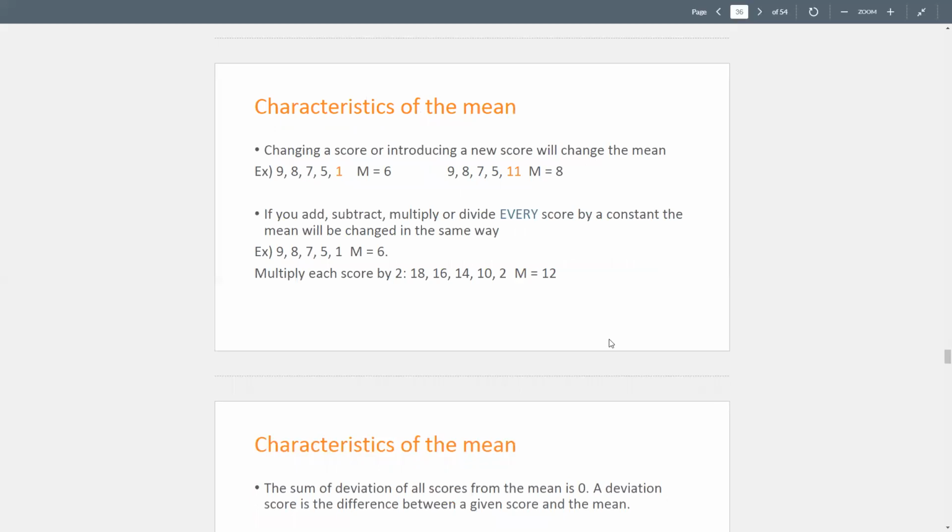Here are some different characteristics of the mean and why the mean sometimes isn't a good measure of central tendency. If we change a score, it'll change the mean. And if we add, subtract, multiply, or divide every score by a constant, the mean will change by that constant. So multiplying each score by 2 is the same thing as multiplying the mean of that distribution by 2.